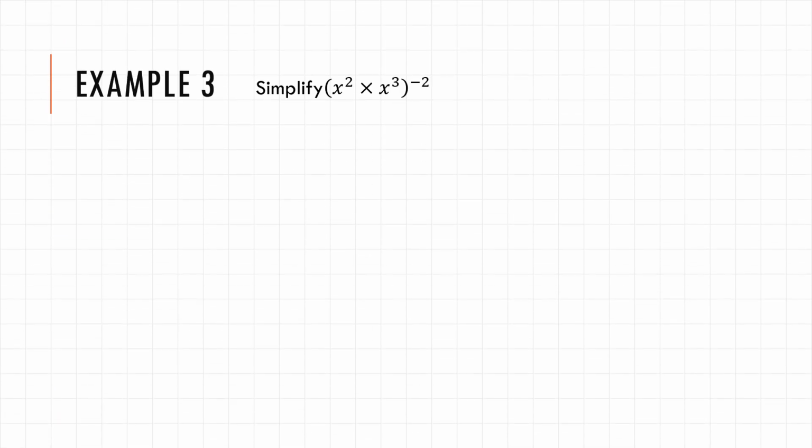In this third example, not only do I have multiplication happening here, but I have a power of that as well. So in this case, I'm going to try two strategies. The first one is to use the power law of exponents. But to do that, I need a single power down here. Can I simplify this to become just one power? Yes.